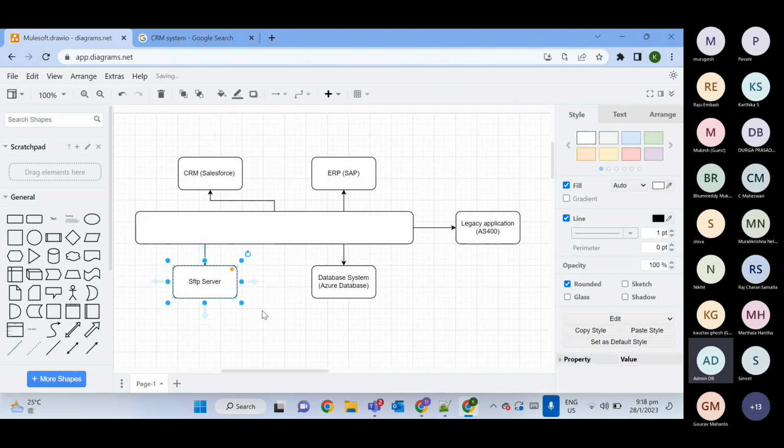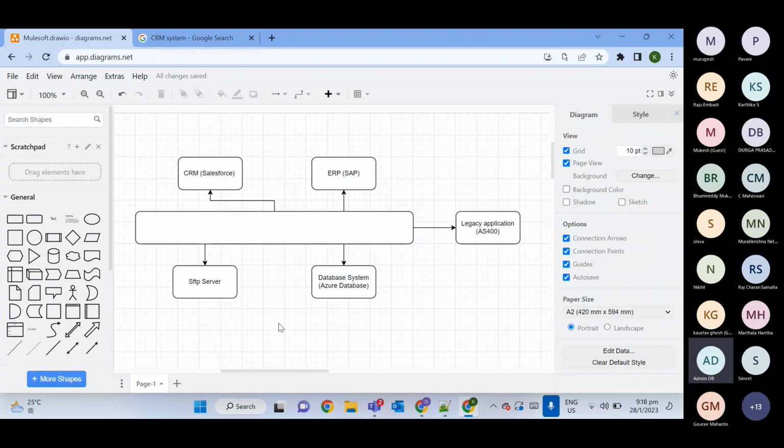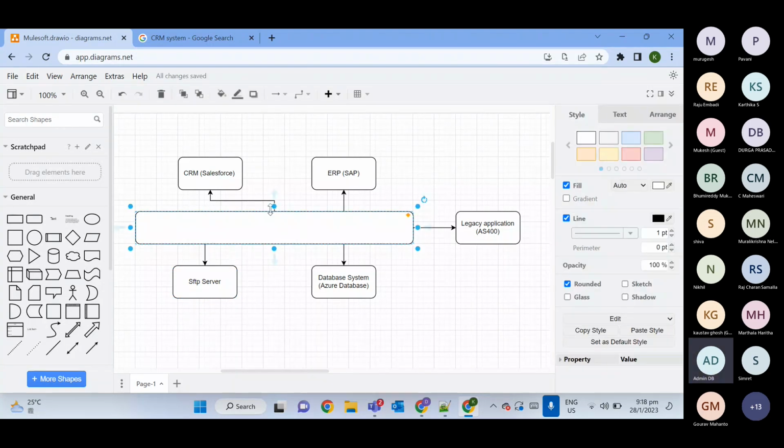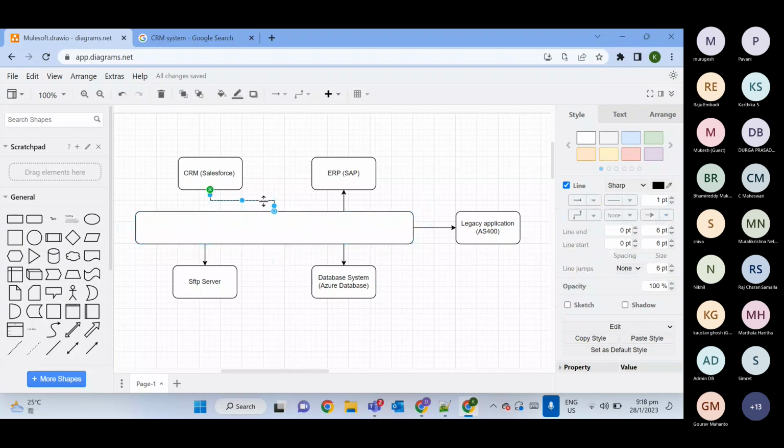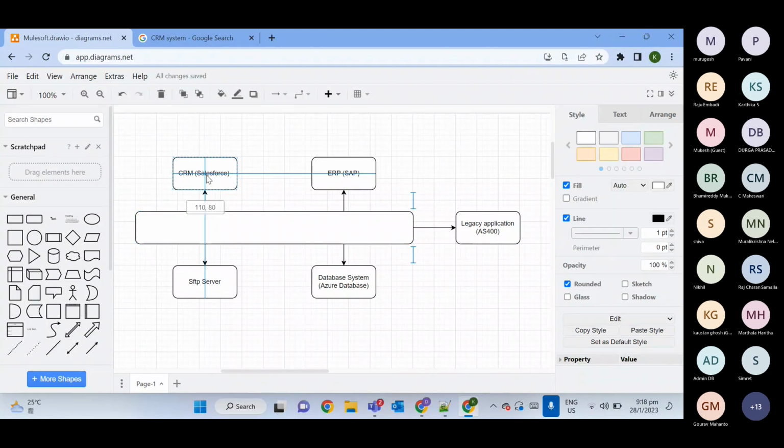To connect with the SFTP server. So this middleware technology is designed in such a way that it knows how to connect with these different systems. Let's say from the Salesforce system, we are exchanging the customer data, customer first name and last name, to a legacy application.